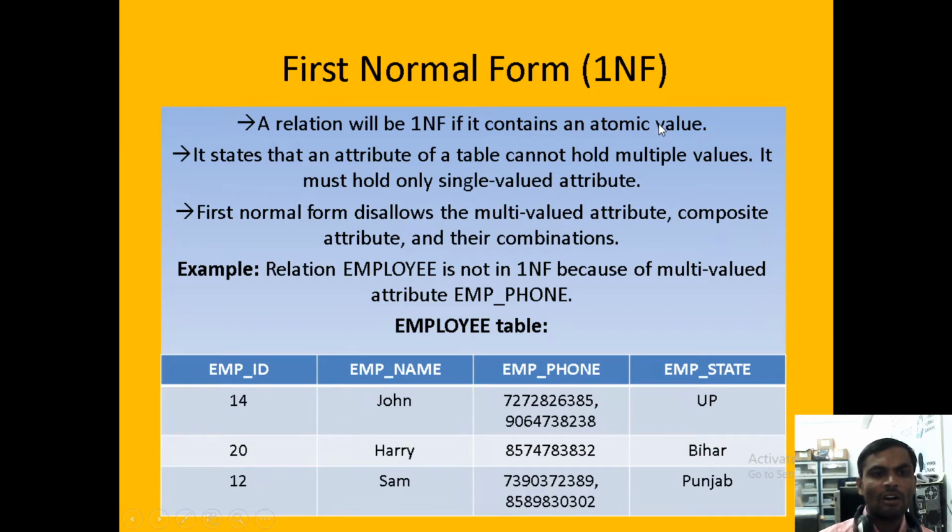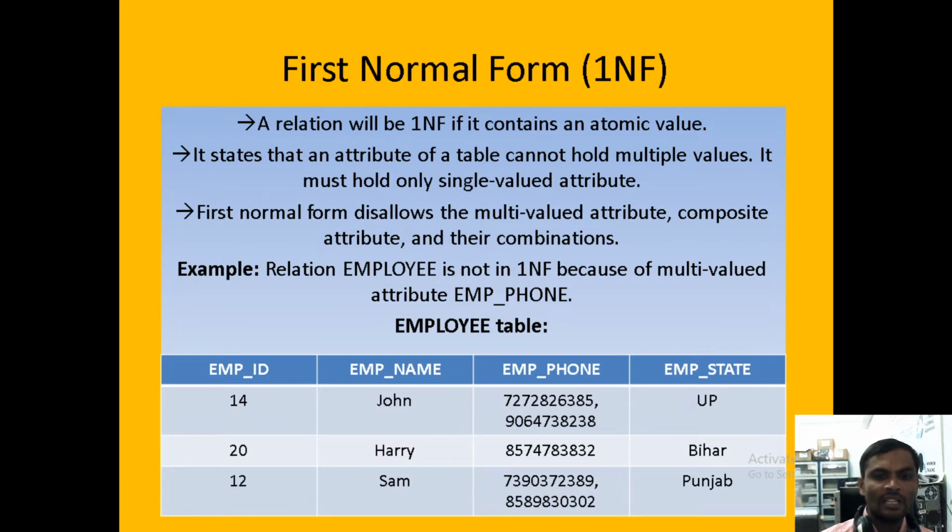The first normal form does not allow multi-valued attributes. It will not allow multi-valued attributes, where multi-valued means more than one value will be there.